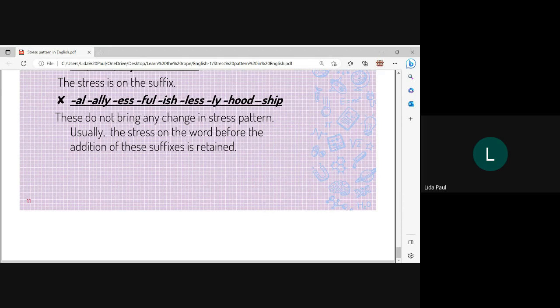So "government": how many syllables? Three syllables, because you have three vowel sounds. There are three vowel sounds, and hence there are three syllables in the word. Another one, "intoxicate".